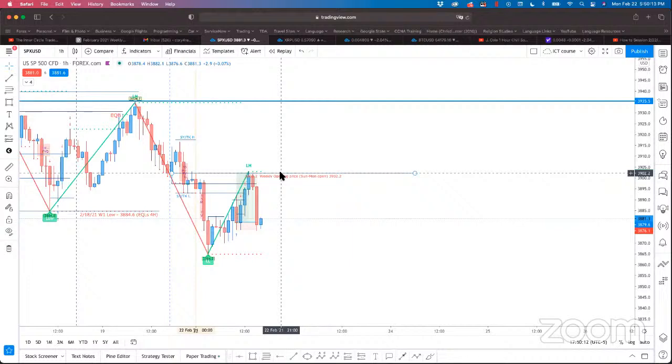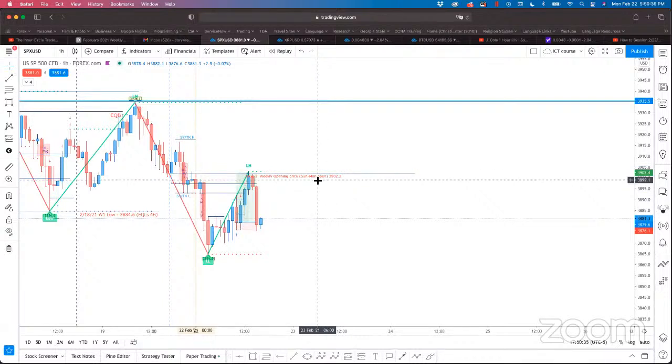So we know ahead of time to take note of the fact that we are down for the week, right? And as long as price is below this, we need to consider that we are down for the week. In order for us to go positive for the week, we need to break above this level.